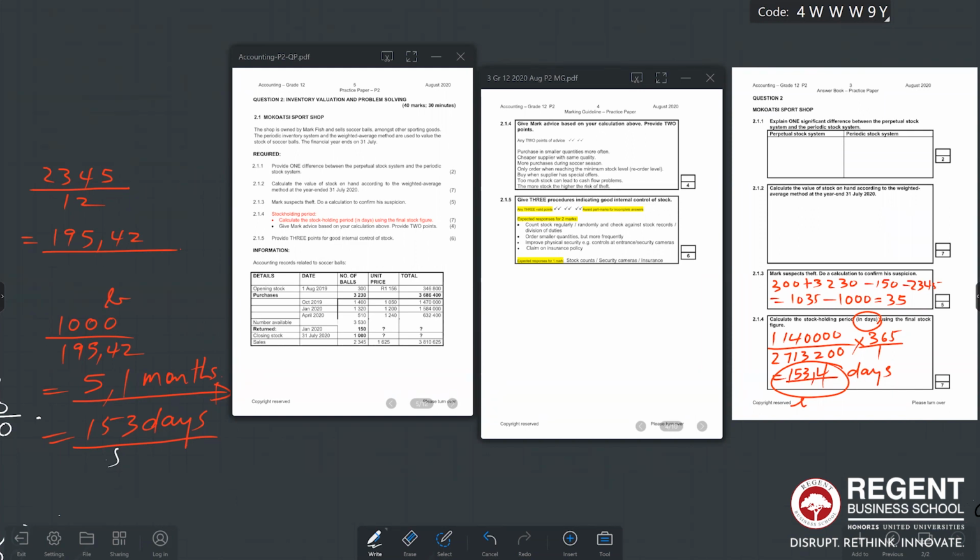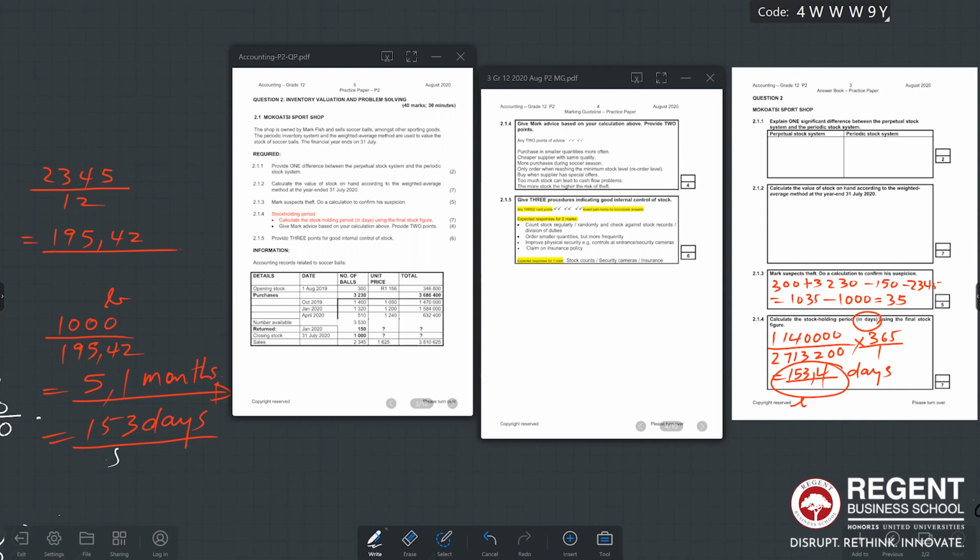So you're going to tell him that firstly, you should rather buy stock in smaller quantities. Buy more often. Why buy so many and keep it in the warehouse with the possibility of it getting stolen? If a fire takes place, the stock will get burned. Then I need warehousing. I must have a warehouse manager. All these costs will come in.